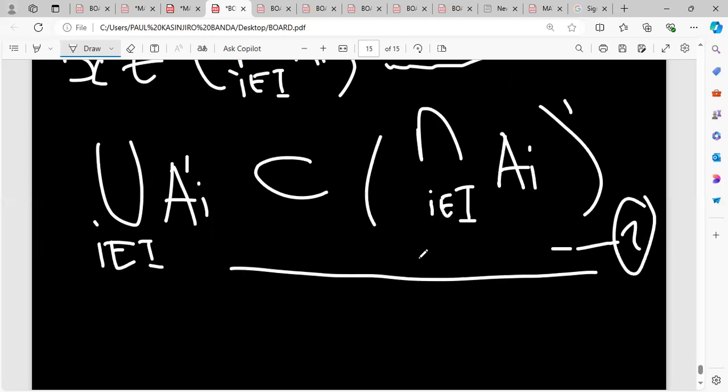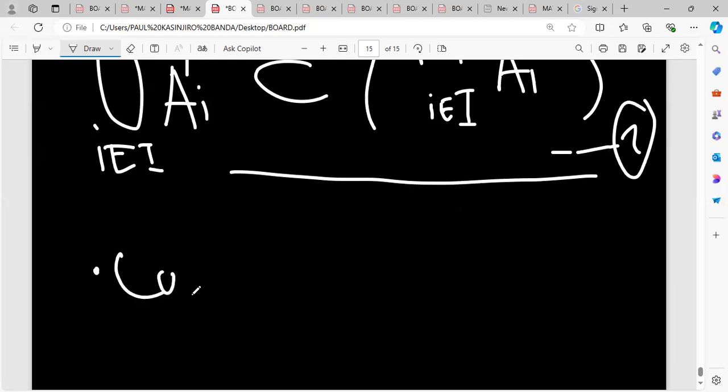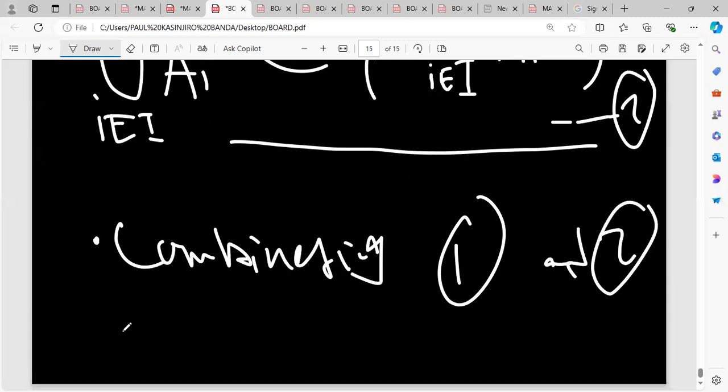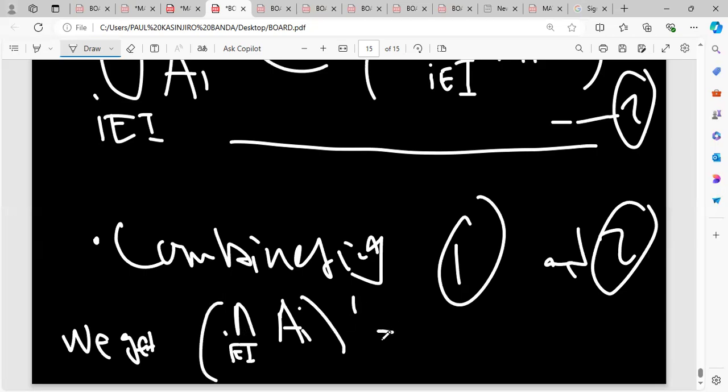So if this is our number 2, we can now combine them. Combining 1 and 2, we get that the intersection of the AI over i in the indexing set, with a complement outside, is actually equal to the union of the AI complements over i in the indexing set.